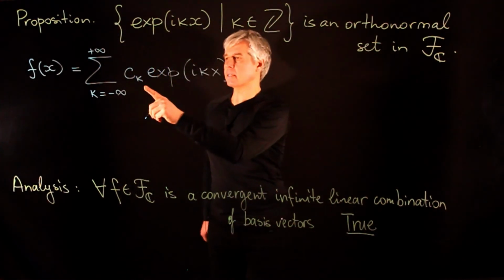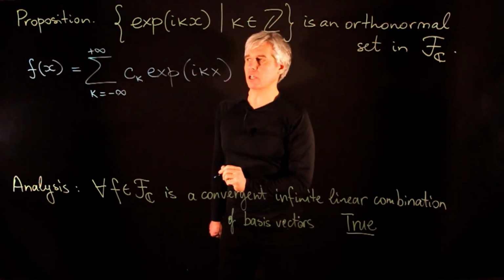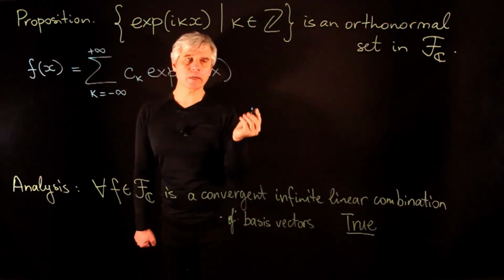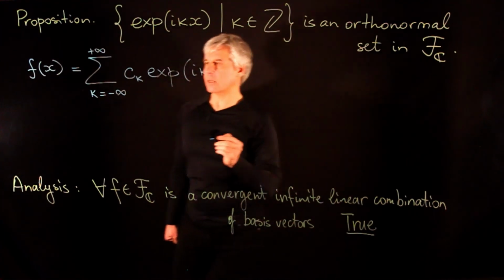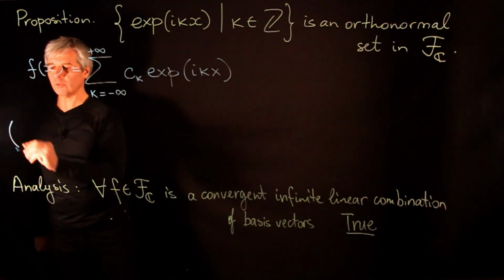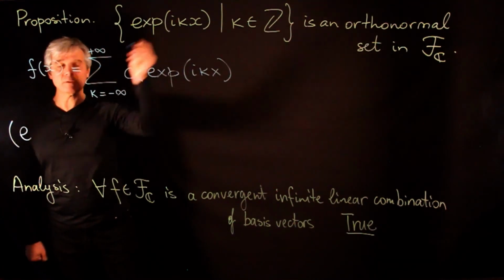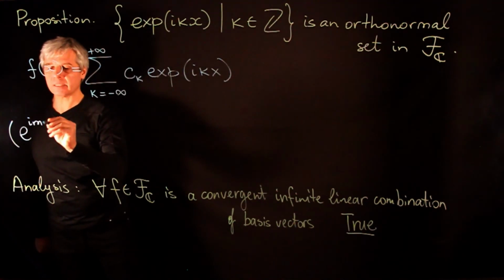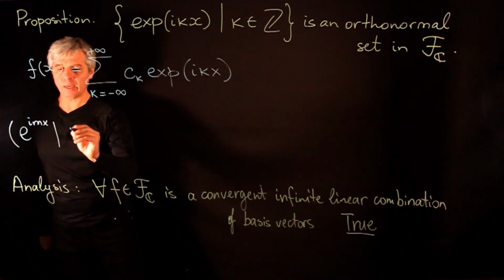How can we find the coefficients of this linear combination? The trick is the one that we have already seen. We look at the value of the Hermitian form between a basis function e to the imx with f of x.